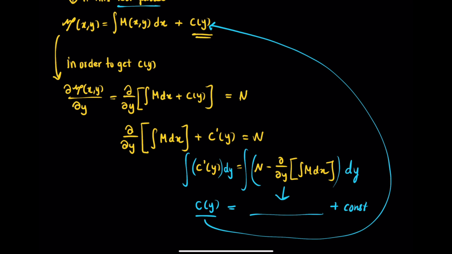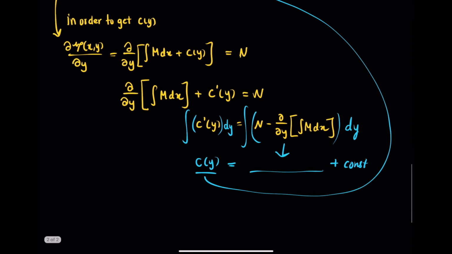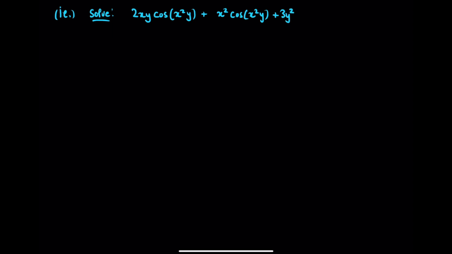Okay, so let's do an example. Solve 2xy cosine(x squared y) plus x squared cosine(x squared y) plus 3y squared, y prime equals 0.